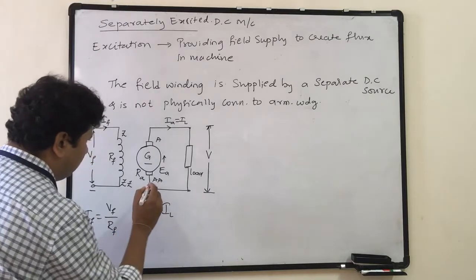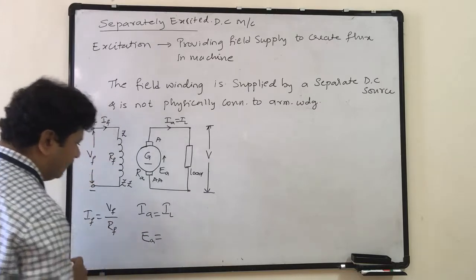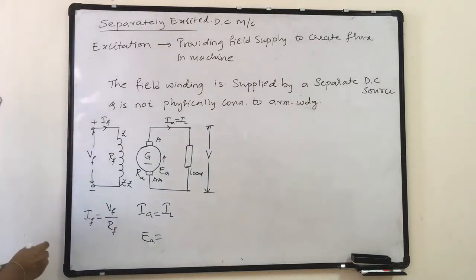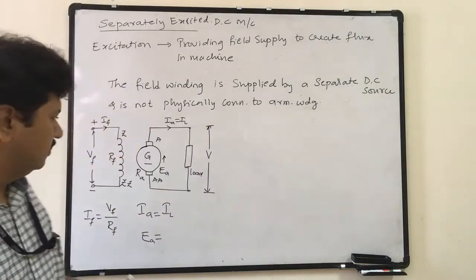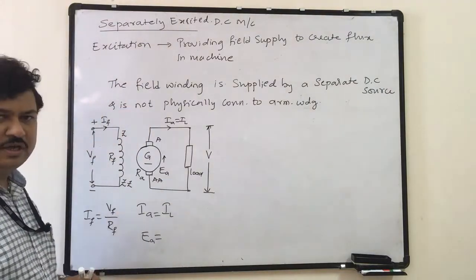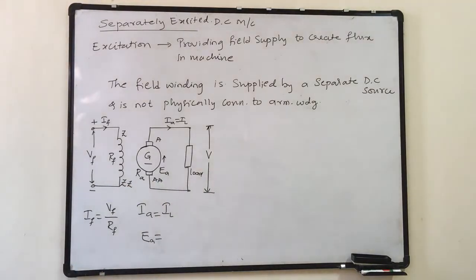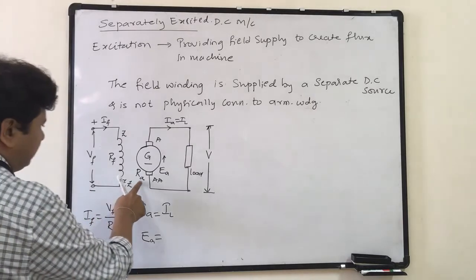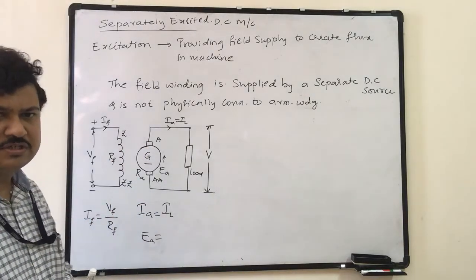Then EA equals, yes, we know that there are various drops in the machine. The total generated voltage EA is the sum of the terminal voltage, armature resistance drop, brush contact drop, and armature reaction drop.